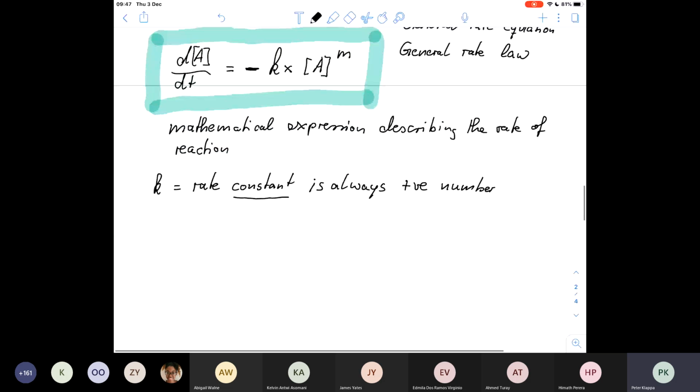And of course, we know that the rate constant, for some of you who have done it, is also linked to the temperature of a reaction. And I just simply write down the famous equation. Has anyone seen this equation before?